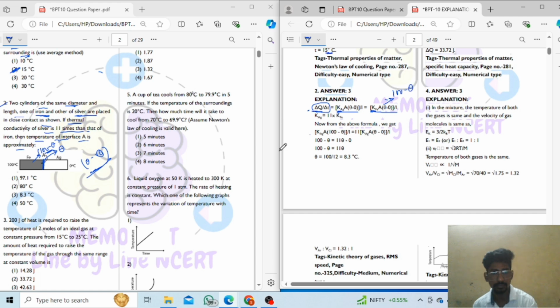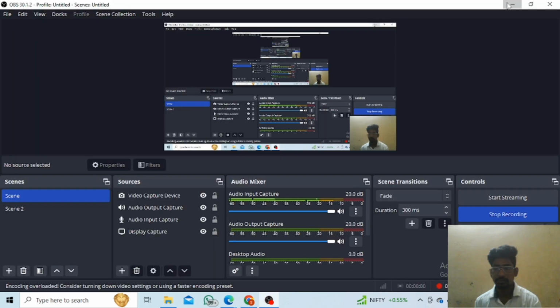Now it is given in the question that the thermal conductivity of silver, K Ag, is 11 times that of iron.